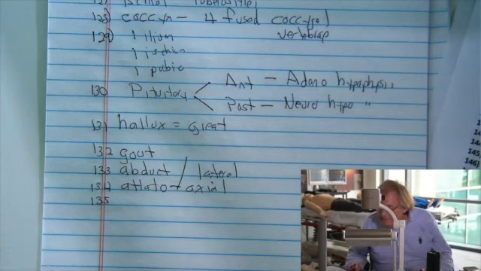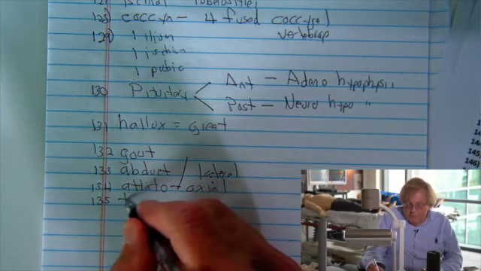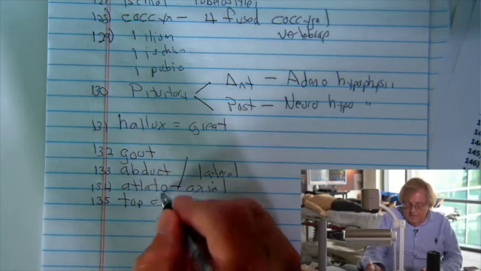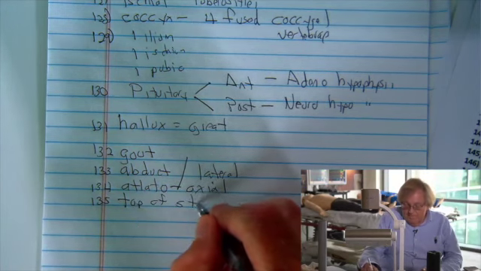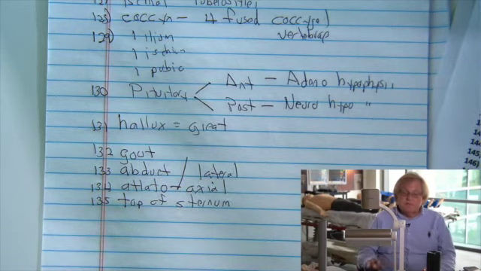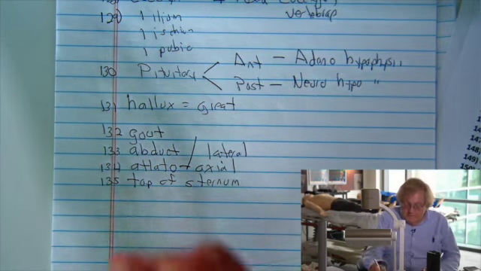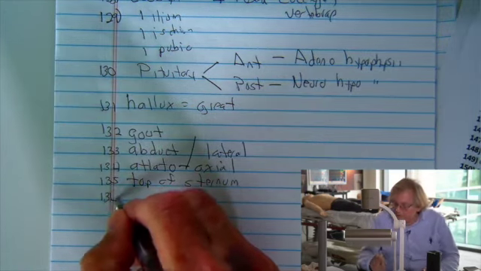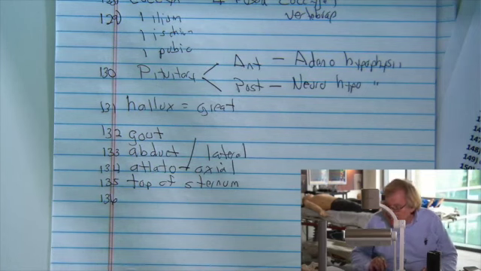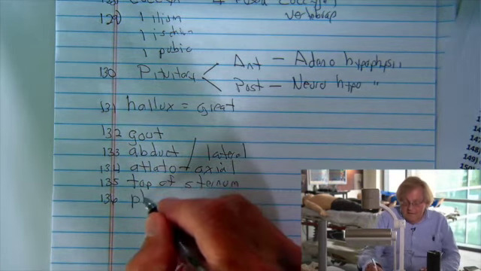135 is where the manubrium is. Remember, it's the top portion of the sternum. It has that process called the jugular notch or suprasternal notch, which is a landmark for a tracheotomy using two fingers above it. 136, standing on my toes. When I stand on my toes, it's called plantar flexion.